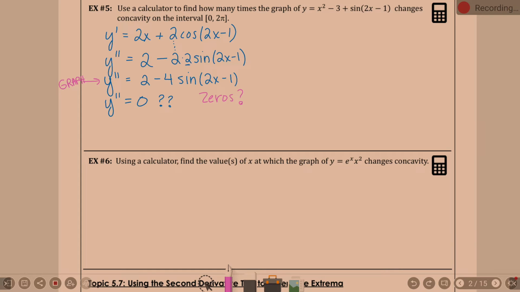Now, where do I need to look? 0 and 2 pi. Can you change that on your window so you know where we're looking? Yeah. I already hit Z7, the Z trig. And then if I go into my window, why does that not look right? That is not what mine said.